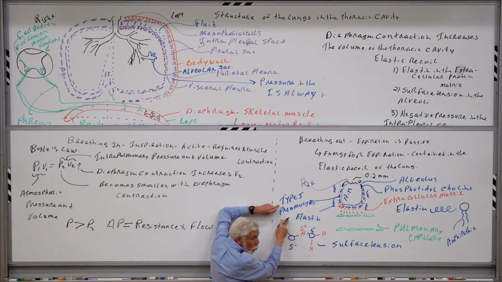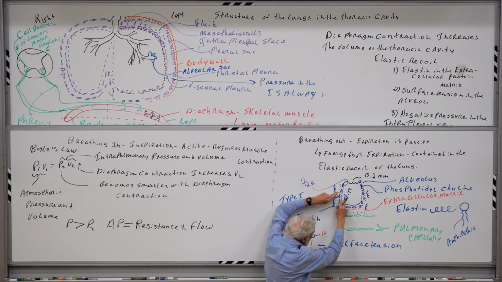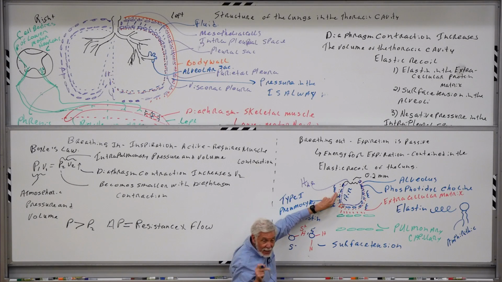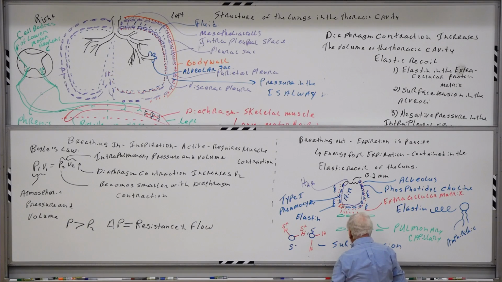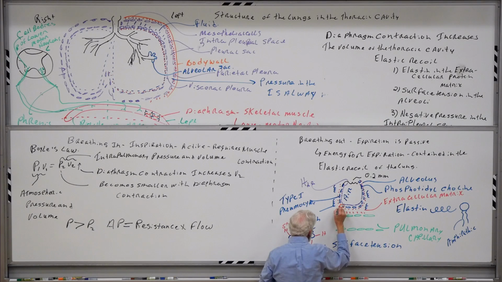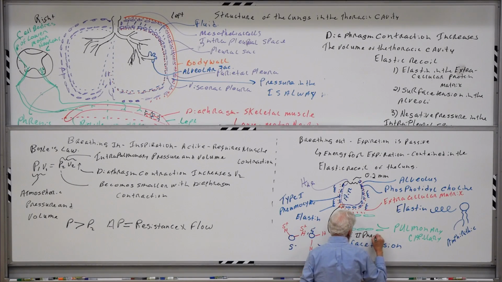The type 1 pneumocytes are the epithelial cells across which gas exchange occurs. But there's some subset of pneumocytes in here I've shown in orange. These orange cells are said to be type 2 pneumocytes.